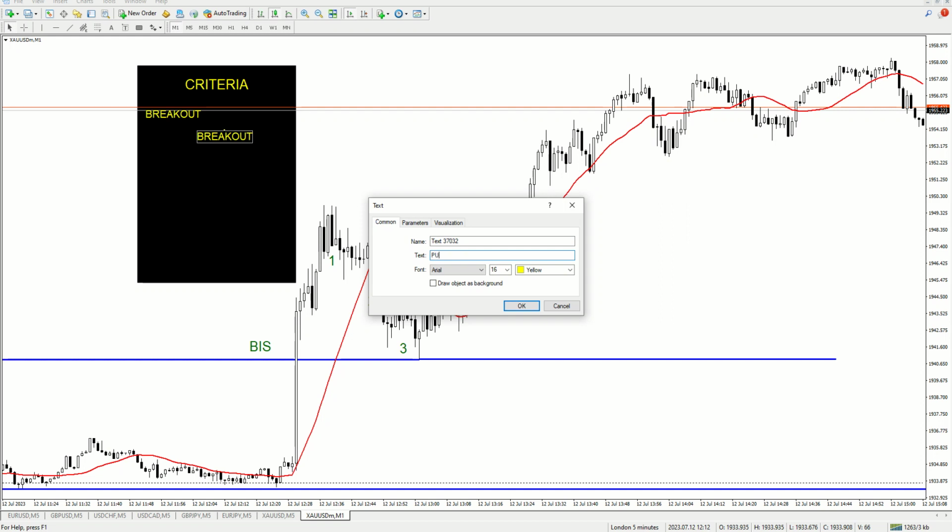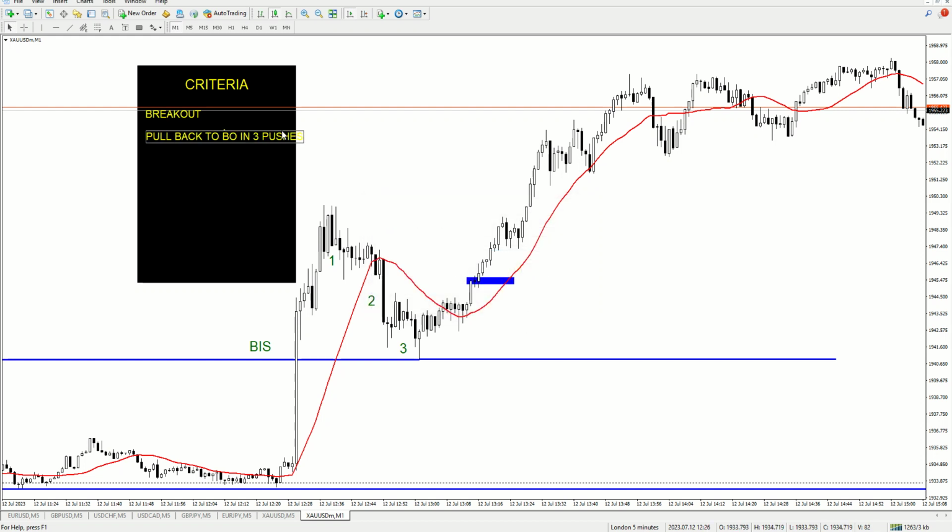They pull back to the breakout, not low, because sometimes it might be going to BO in 3 pushes. I want to see this being met. It's fine. The box is a bit small, but I believe you see what I'm doing.